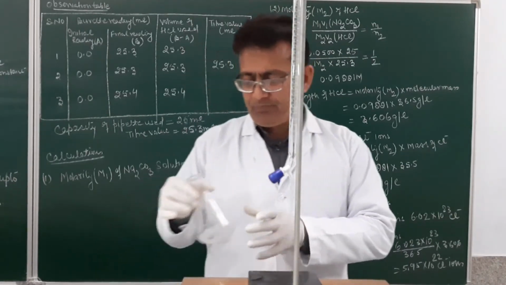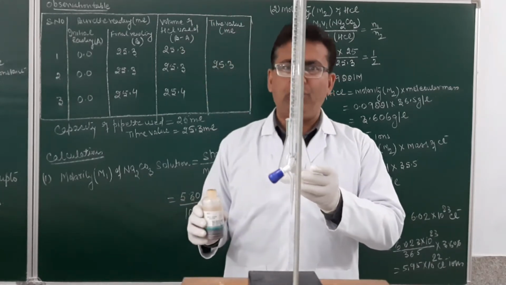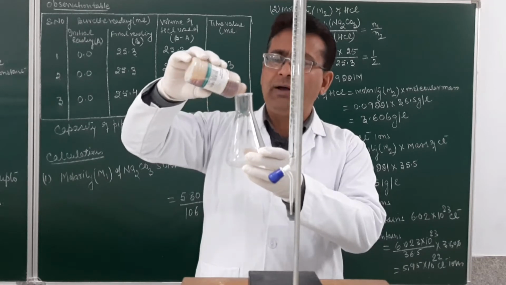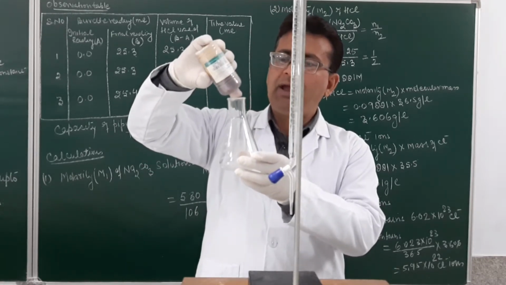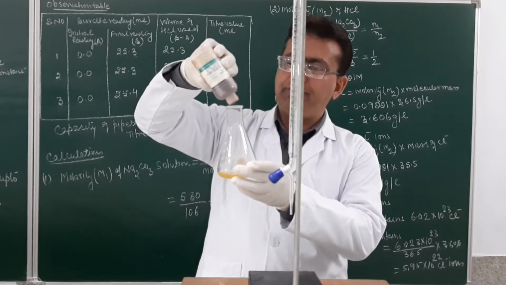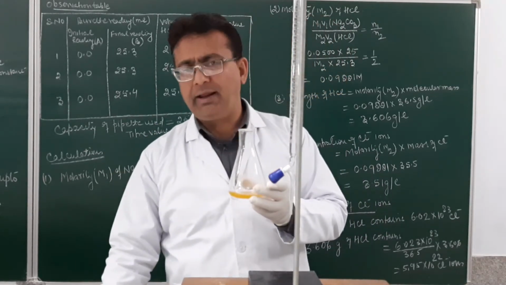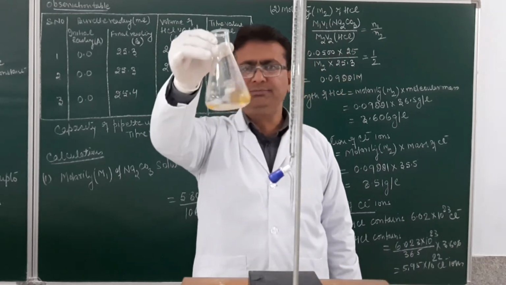Now, student, into this conical flask, which contains sodium carbonate solution, you add a few drops of methyl orange indicator. Methyl orange is yellow in color or slightly orangish in color. You may see the yellow color over here.